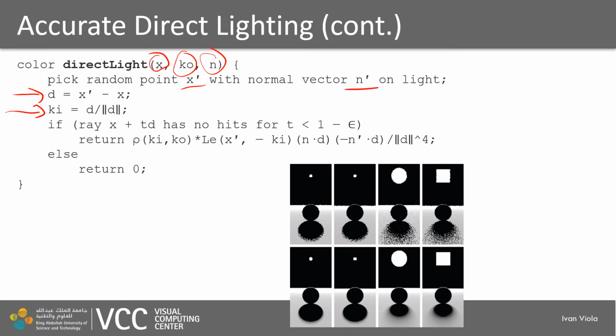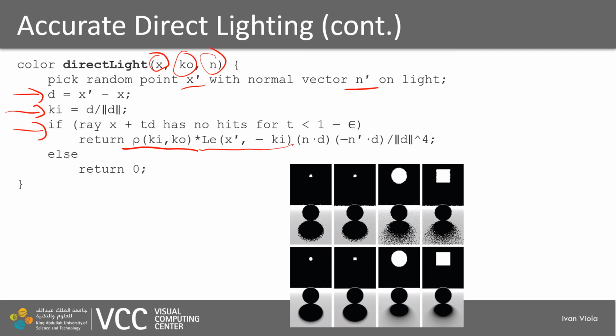And in case there is a direct visibility, so the if statement here is true, then we just calculate the emitting radiance towards the surface point, multiplying it with the BRDF towards the eye.